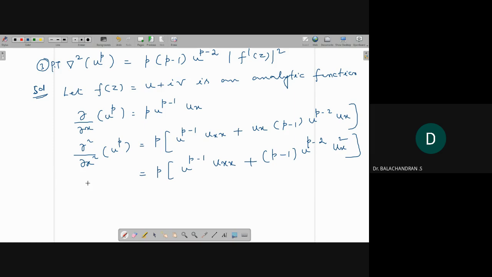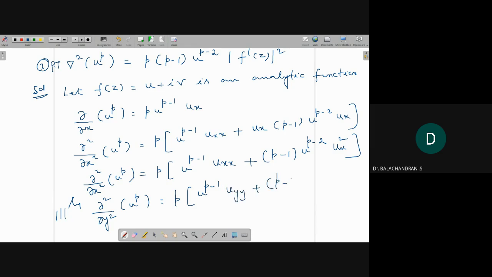So similarly, this is dou square by dou x square of u power p, and I need dou square by dou y square of u power p, that is equal to p into u power p minus 1 into u yy plus p minus 1 into u power p minus 2 into u y square.